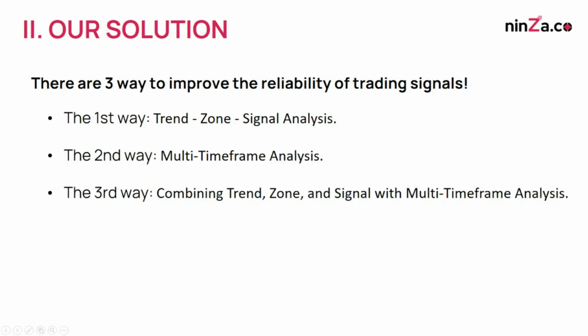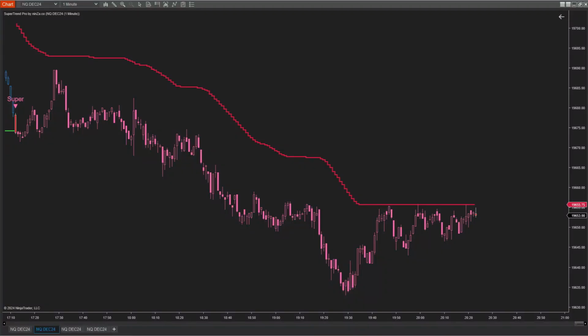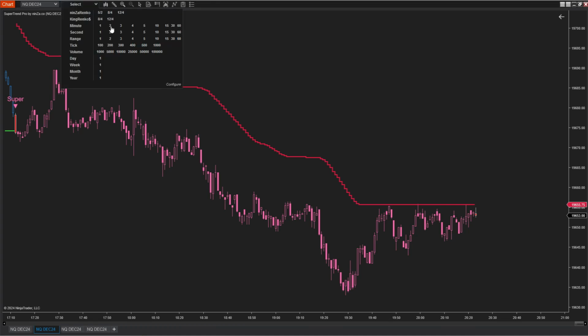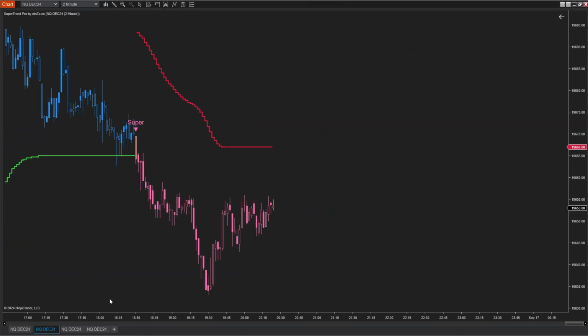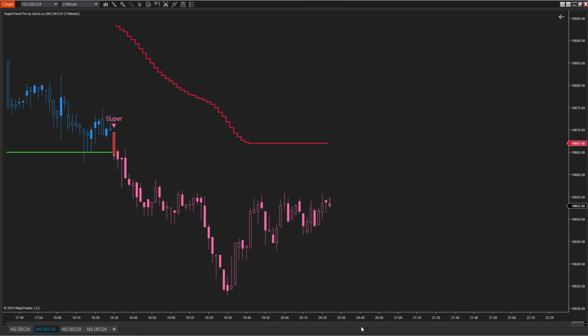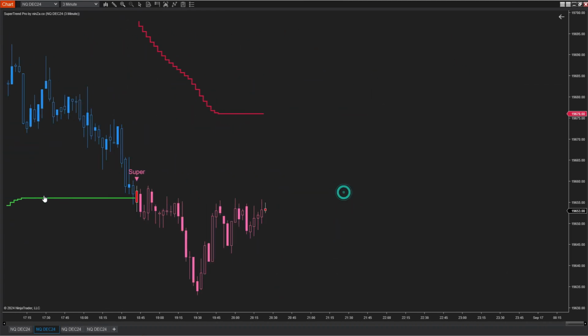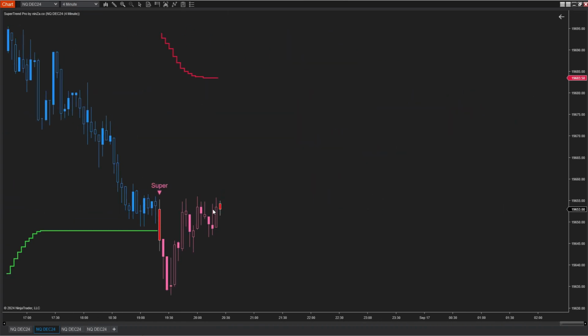Next, let's explore another way to enhance the reliability of your signals, which is through multi-timeframe analysis. You might already know that analyzing signals across different time frames can significantly increase their reliability. For example, if you see a signal appear on the 1-minute chart, and then it also shows up consistently across the 2-minute, 3-minute, 4-minute, and 5-minute charts, that signal is likely to be more reliable.